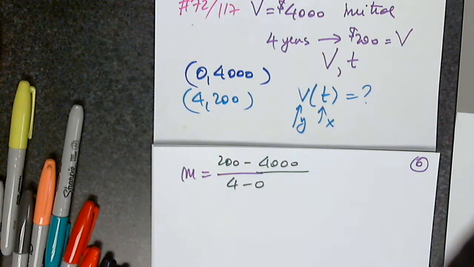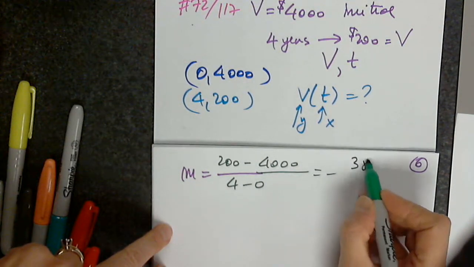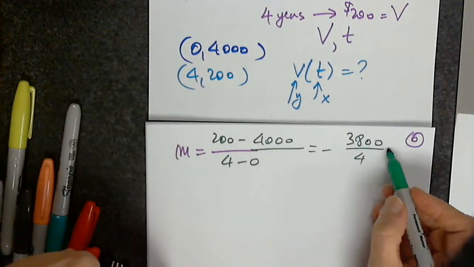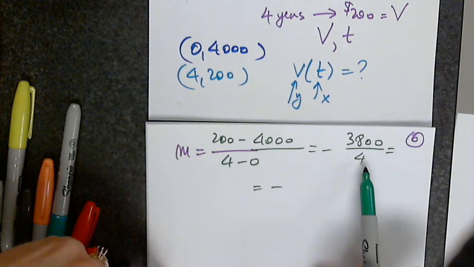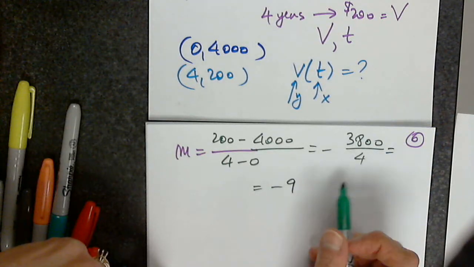So that's another idea for your notebook. Exactly, because we're talking about depreciation. Okay, perfect. So then the top is negative 3,800 and the bottom is 4. And what do I get? Minus 950.